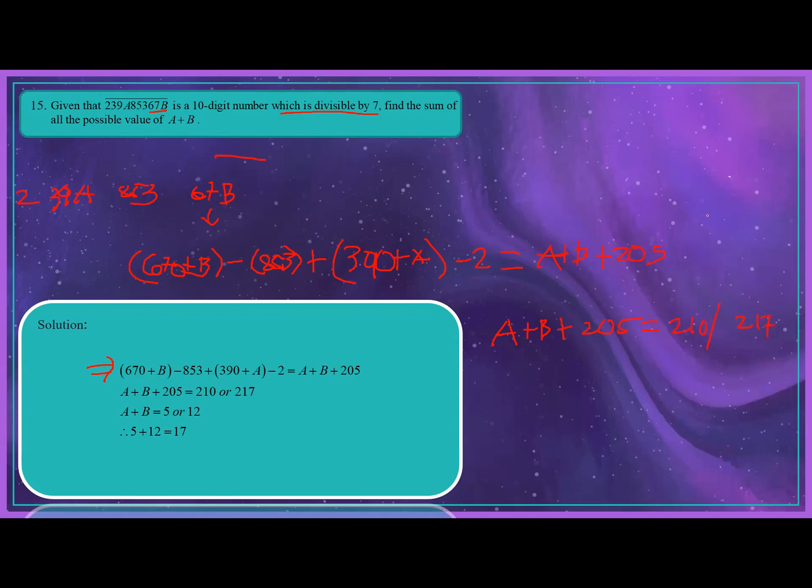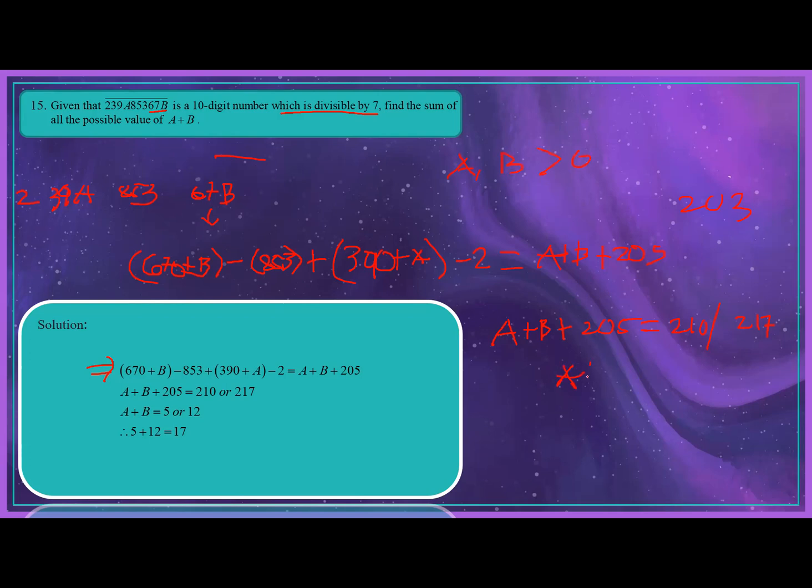You don't need 203, because that would make a plus b negative. A and b should be greater than 0, because they are digits.